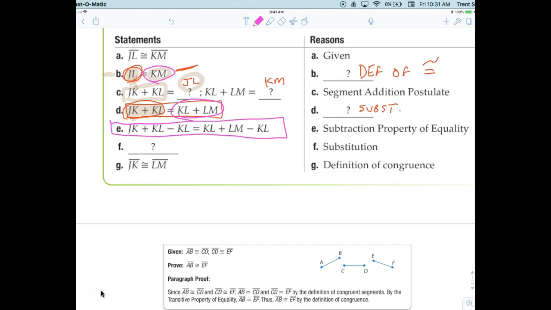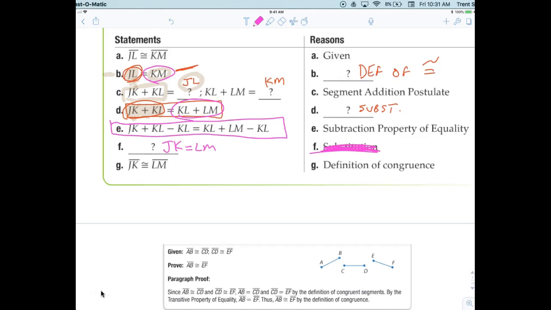I'm looking at step D, and now from D, I'm going to F. I'm skipping E. Why is JK equal to LM? What did I do? Yes, that's the subtraction property of equality. What they're talking about is substituting KL minus KL, which is 0. We're not doing that. Hear me?